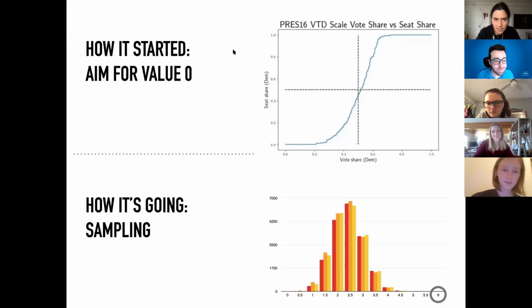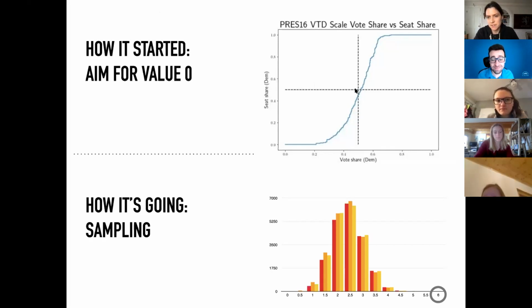Okay, so as Quinn said, we have these metrics of whether things are fair or unfair, and we want them to have value 0. So for instance, there's the picture on the right, and Quinn mentioned that you want this graph to go through 0. So you want to aim for value 0. But it's quite difficult. And I think that aiming for value 0 is sort of like asking for a pony for your birthday.